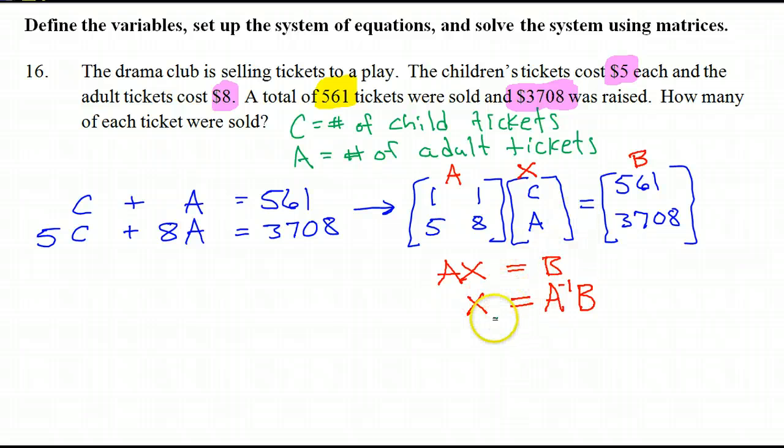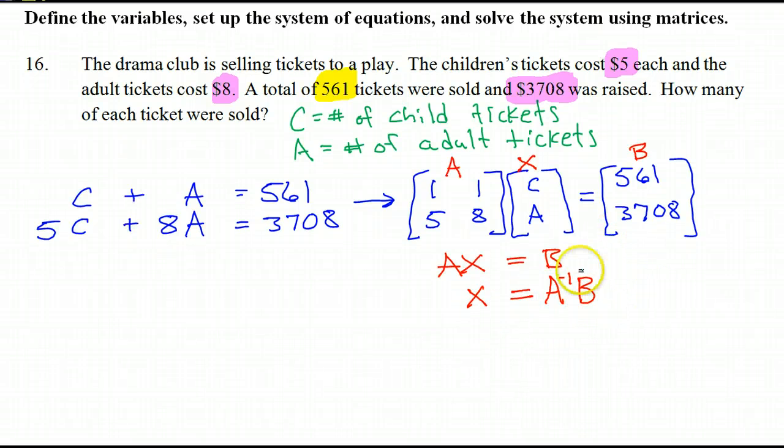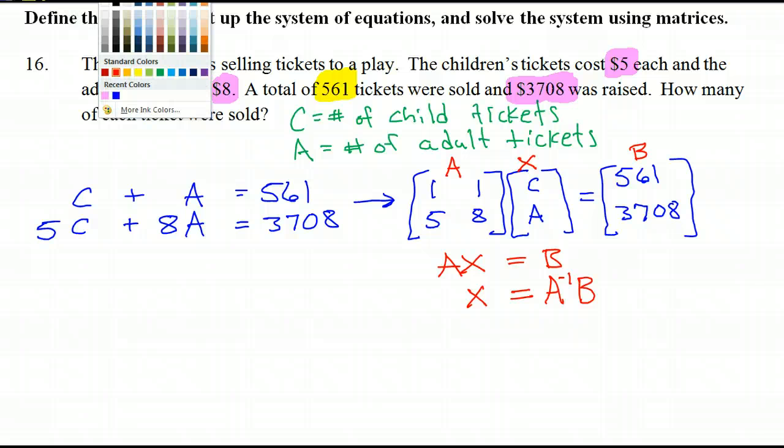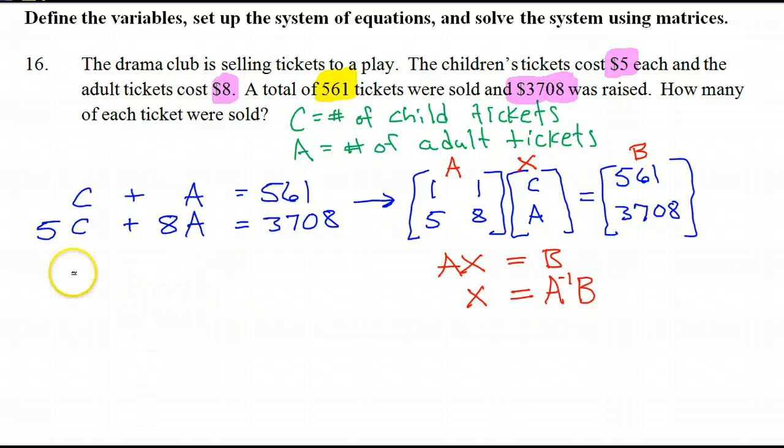We're trying to find X, and to find X, that's A inverse times B. Well, we have B. What we need is A inverse. So off to the side somewhere, I'm going to go find A inverse. I think I will use purple. Over here, I am going to find A inverse.